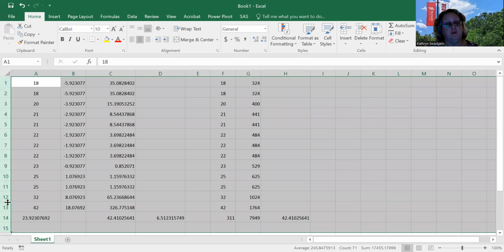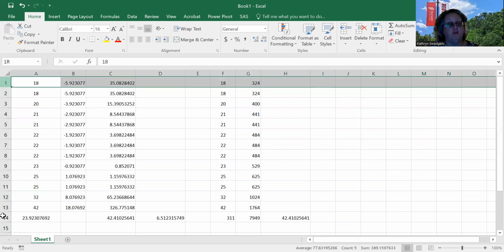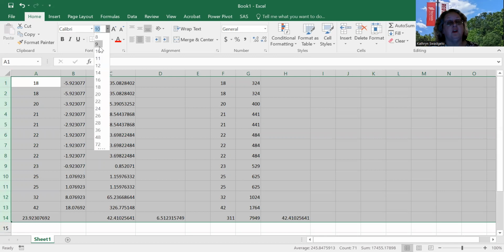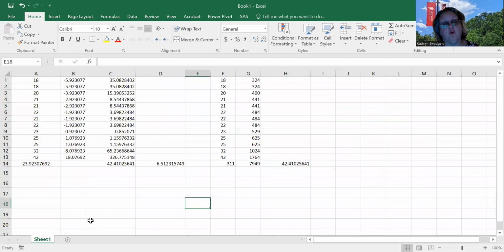I put size 10. And then I can make everything a little smaller here. So everything, I need to do it across everywhere. 10. There we go. And then I could see a lot more of them if I wanted to.